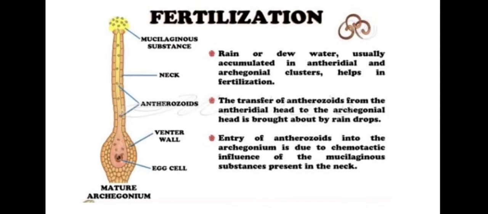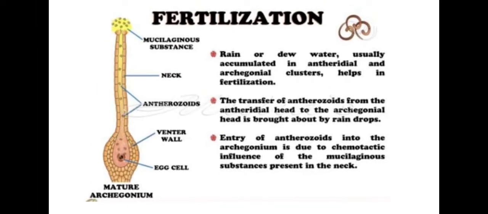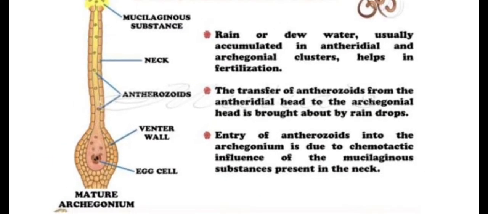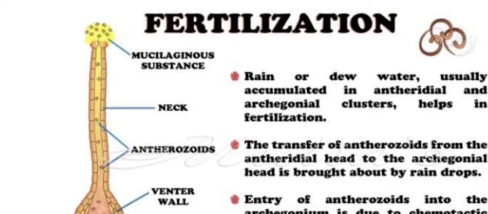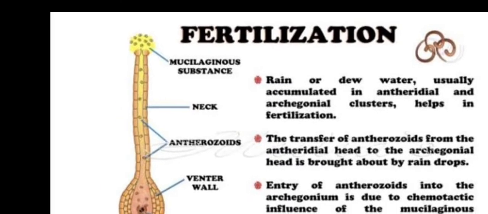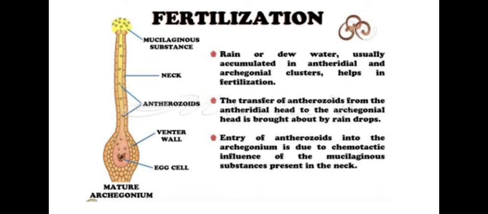The transfer of anthrazoids from the antheridial head to the archegonial head is brought about by raindrops. Entry of anthrazoids into the archegonium is due to the chemotactic influence of the mucilaginous substance present in the neck. And in this image you can see that mucilaginous substances are secreted by the female, which help in the attraction and attachment of the anthrazoids.